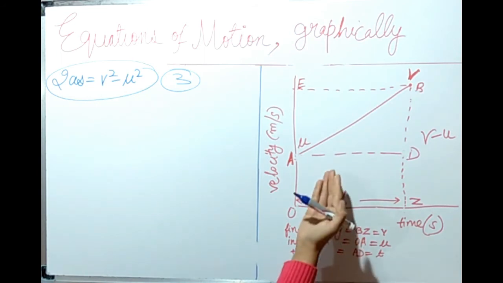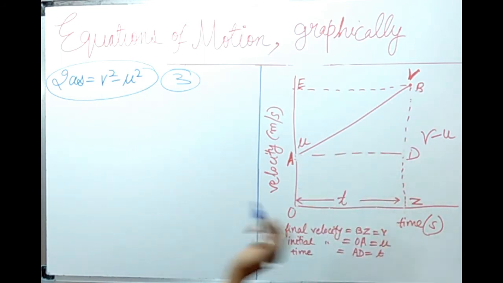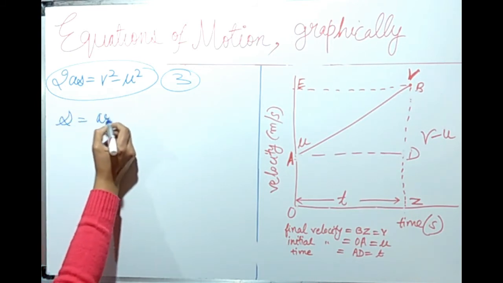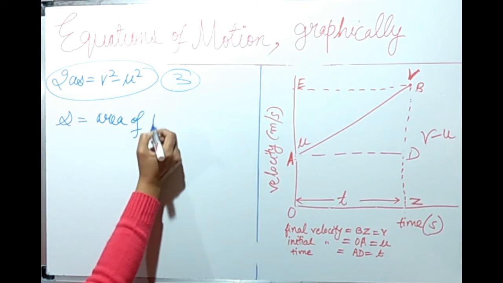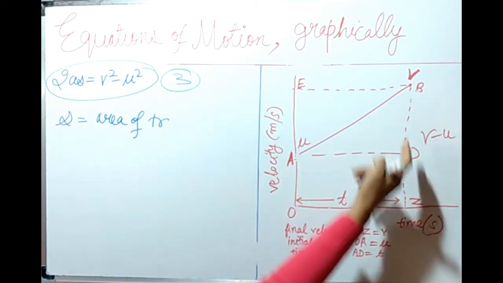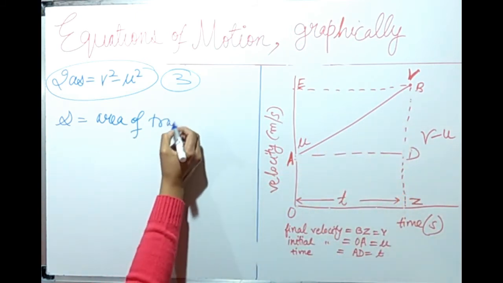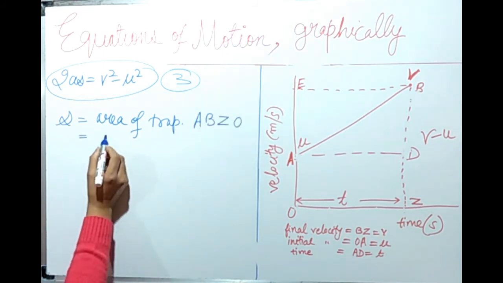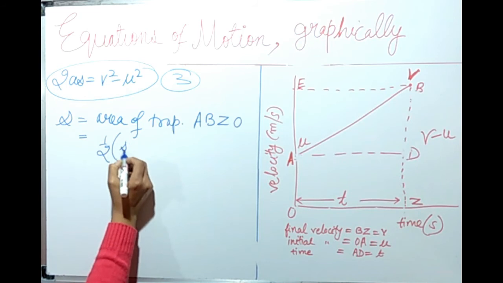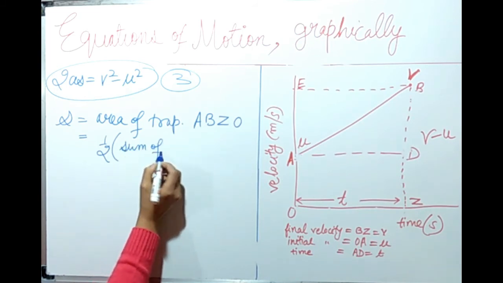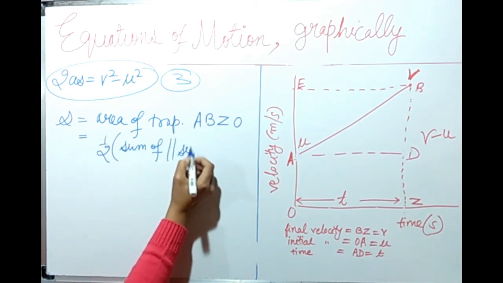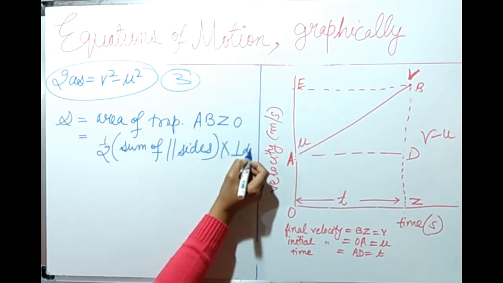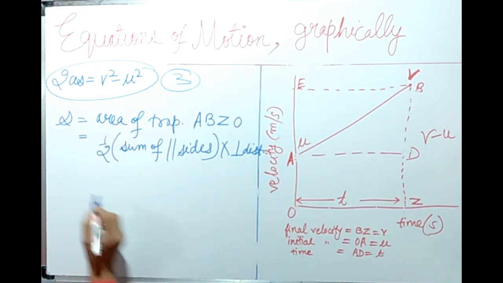We already know that area under this graph is going to give us displacement s. So s equal to area of trapezium ABZO, and area of trapezium is equal to half sum of parallel sides into perpendicular distance between these sides.